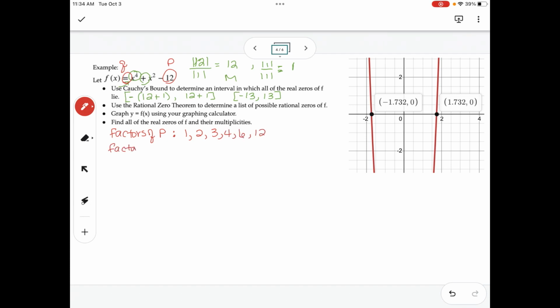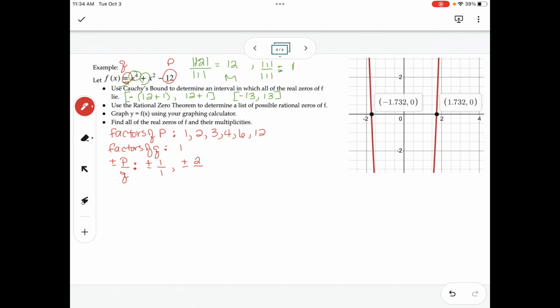The factors of Q, this one is easy, just 1. So it's easy enough to find all versions of P divided by Q. So I'll take plus or minus 1 over 1, plus or minus 2 over 1.